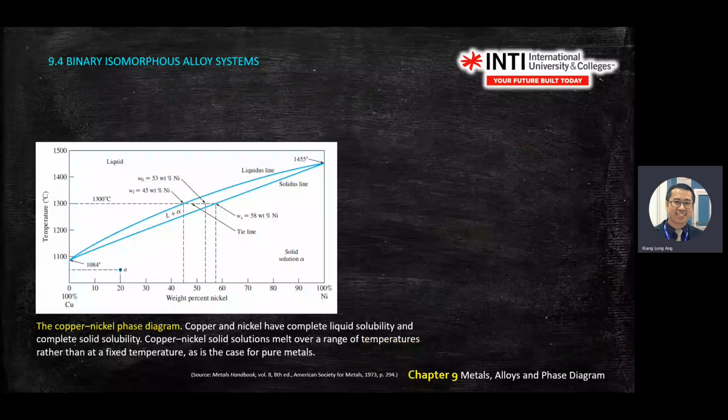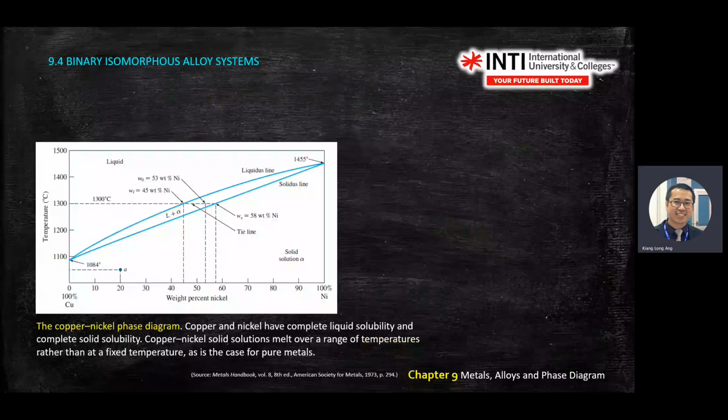And you must put the percentage: 45% weight percentage of Ni. Then I pick this line. Moving down, it is about 58% weight percentage of what? You read the right-hand side: nickel. Then later we'll do calculation on this line.